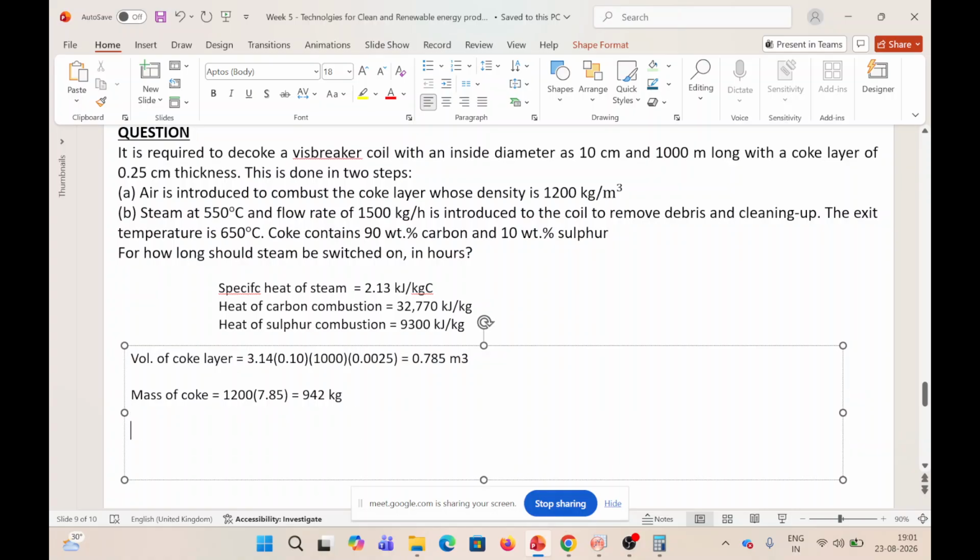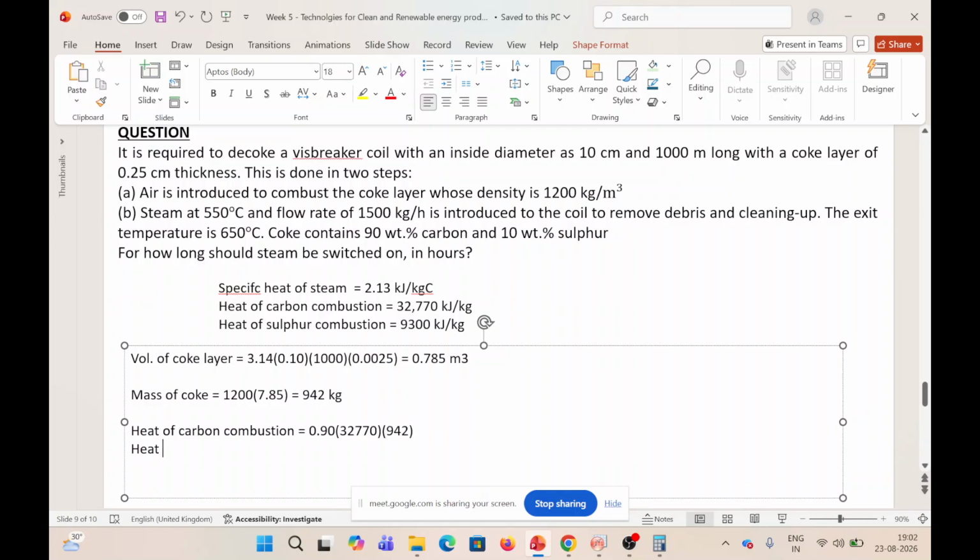So now we are supposed to calculate what will be the heat that gets generated from this particular amount of mass of coke. The heat of carbon combustion is going to be equal to 0.90 times this enthalpy that I've given, 32770, times 942.